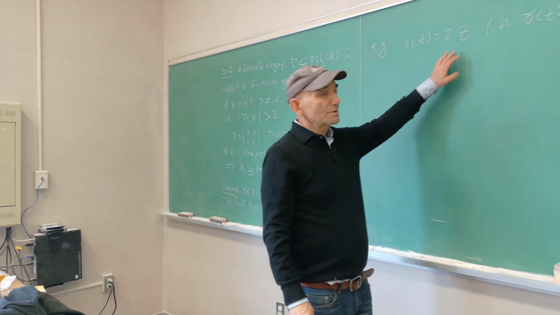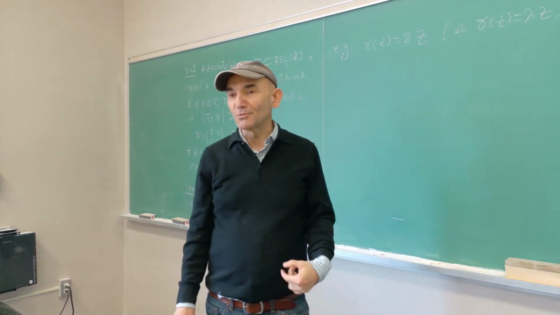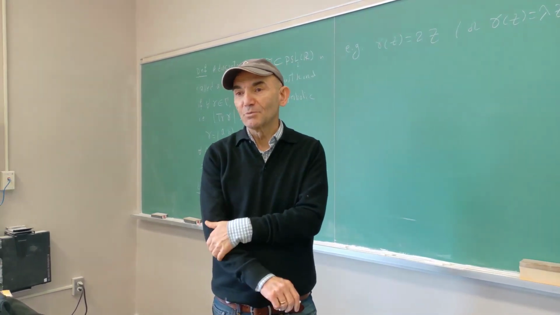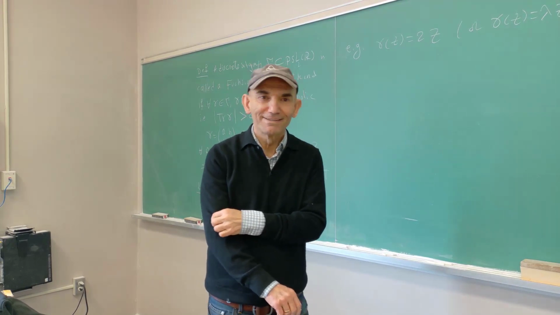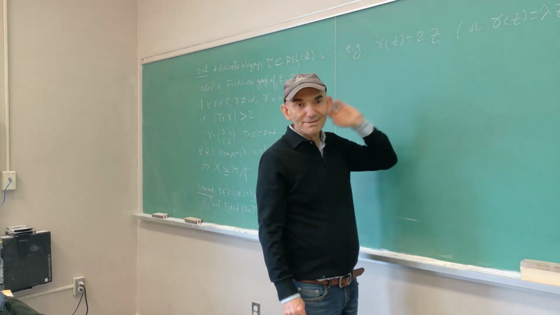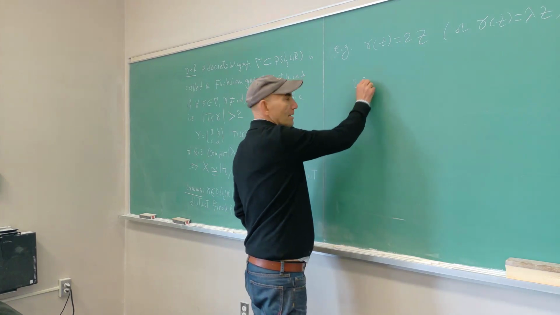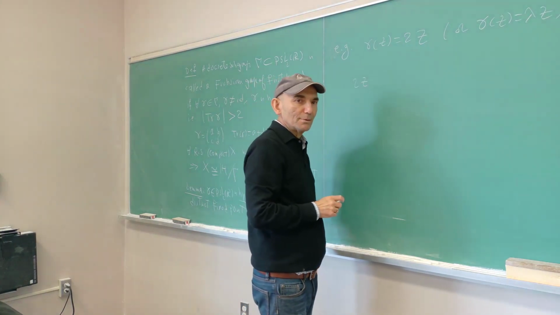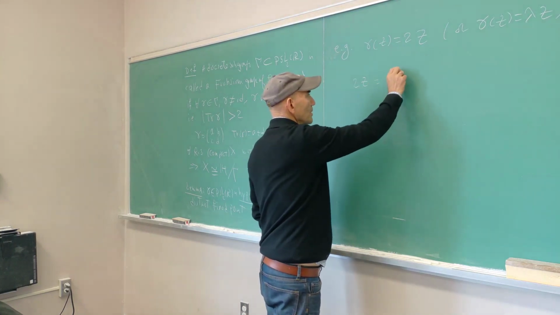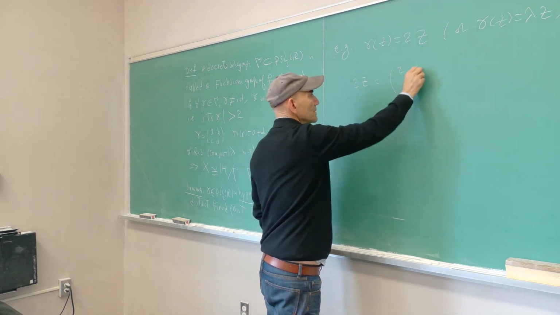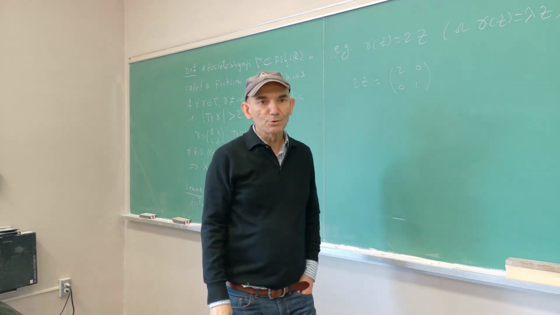So just a quick thing. Why is 2z a Mobius transformation in PSL2R? If you write 2z as the matrix 2 0 0 1, then the determinant is 2.